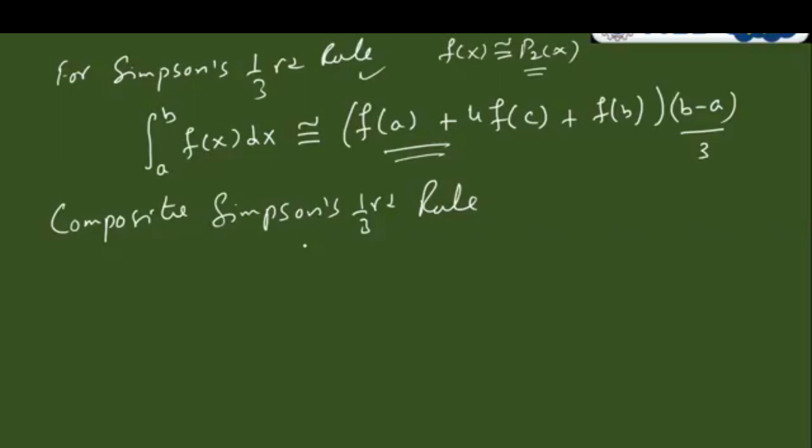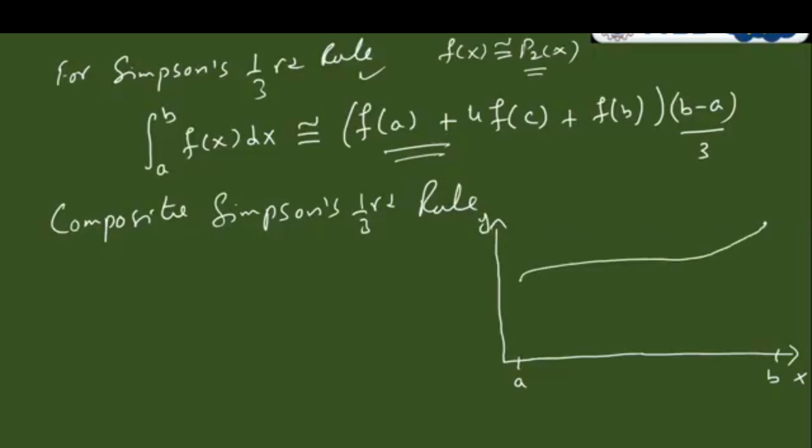That's the main idea. I'm not going to explain the detail again. Let me write it down a little bit larger. So it is starting from A, ending at somewhere B, with x and y axes, and this is the integrand, for example.